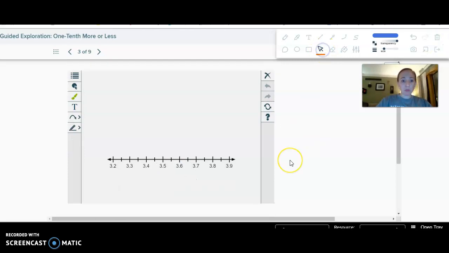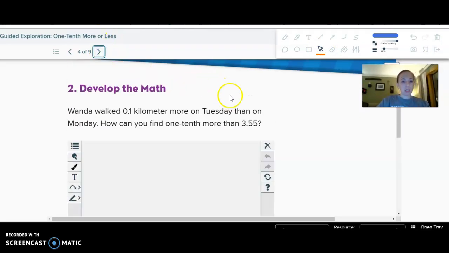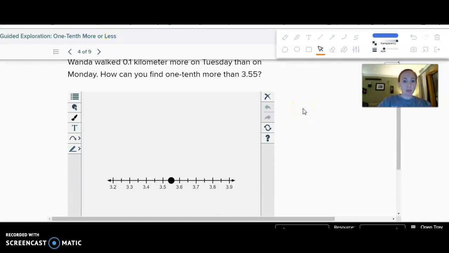And then we can use that to help us think about what would be 1/10 more. So if I put it there, how can I jump up 1/10? Well, no, this is only jumping up 1/2 tenth. So I know I need to go all the way over there to get to a full tenth, because each line is only 1/2 tenth and we need to go that full tenth.